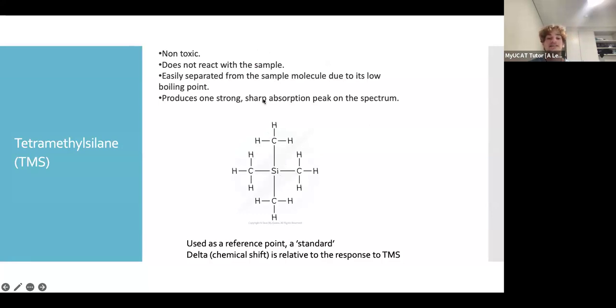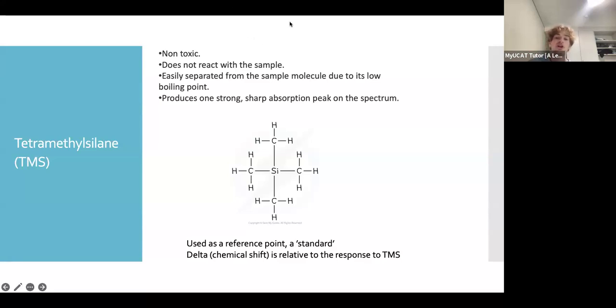So why is that really useful? It's because if you put TMS into the NMR machine by itself, it will produce 1 spike. And this spike just so happens to give out a really nice signal that we can base everything else off of. So if you put a random ester into the NMR machine, the signal produced by all of its environments is worked out relative to that of TMS.